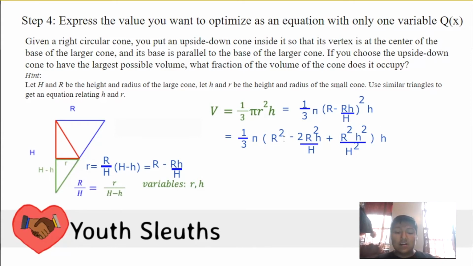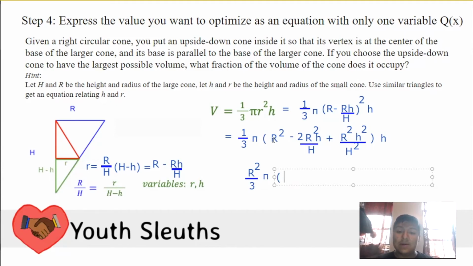So once we factor out R squared, what we get outside the parentheses is R squared divided by 3 times pi. And then inside, we're going to have to distribute the h. So for the first one, we have big R squared, but we factor that out, so it would be 1.